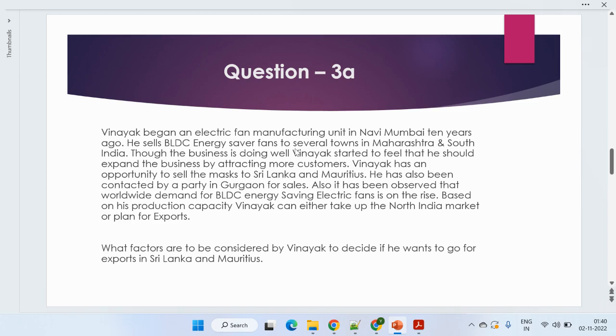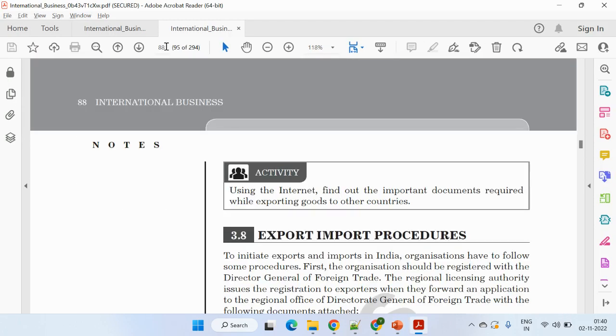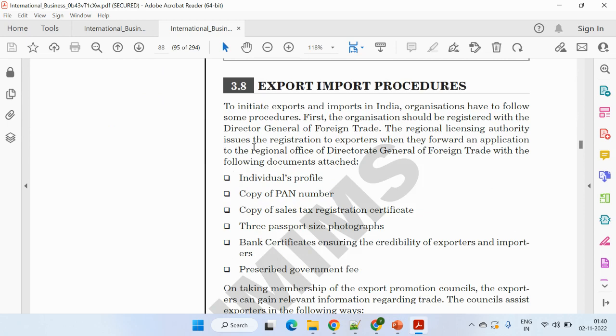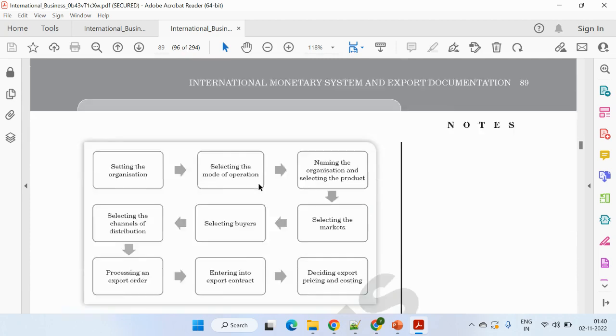and Mauritius? Although the answer is not clearly provided in the book, you can refer to page number 88, where it's mentioned as export import procedures. Ideally, this is not the right answer, but you can get a little understanding of what factors are required.